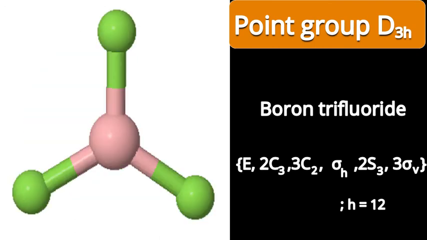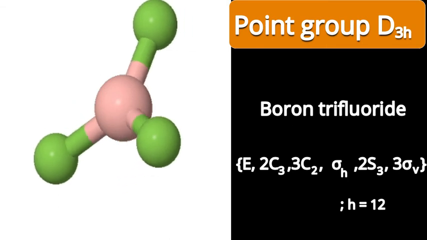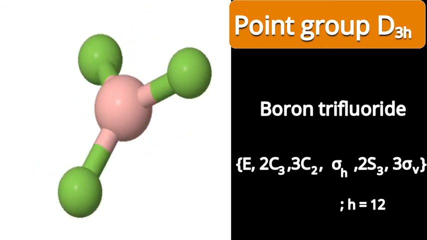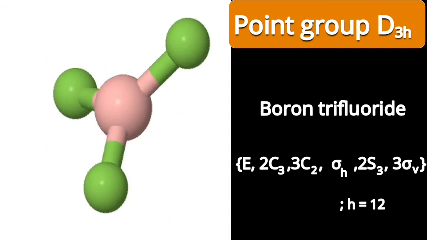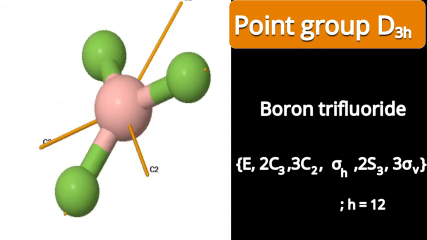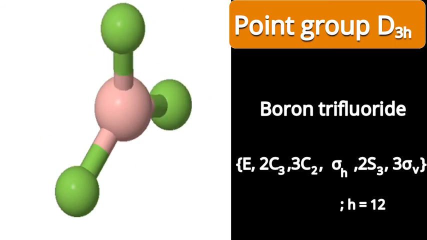Let us count how many there are. First, I will represent identity. Then, two operations are possible on one C3 axis, which is perpendicular to the molecular plane and passes through the boron. There are 3 C2 axes possible, and on each C2 axis one operation.